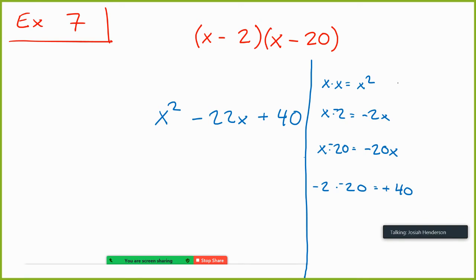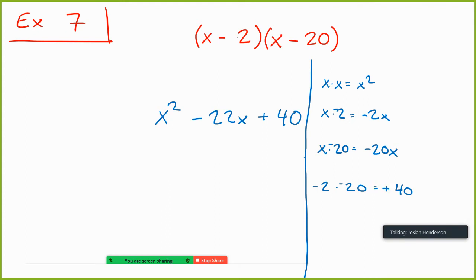Very good. Thank you, Manaya, for sharing. Any questions or concerns about what she did here? Notice that multiplying -2 and -20, two negatives multiplied together, gave us that positive 40 at the end.